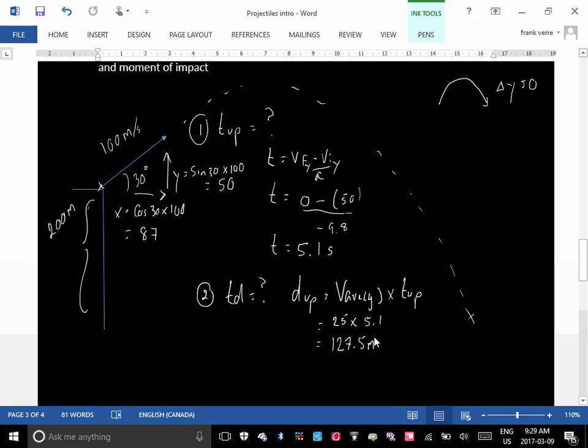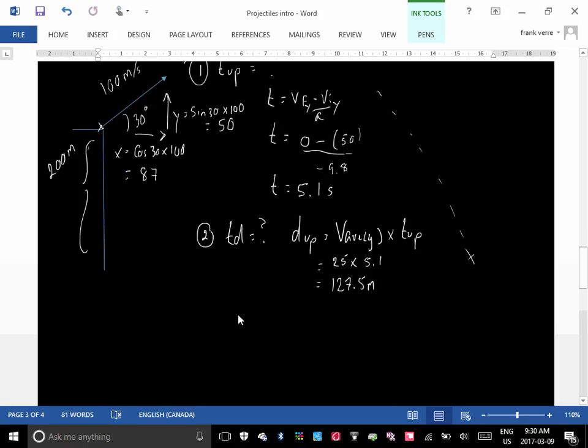So now the question is, okay, if this projectile went up another 127.5 meters, how much does it fall then? So the distance down should be 200 plus 127.5, which is 327.5. What's the initial speed going down from the top? 0, right?